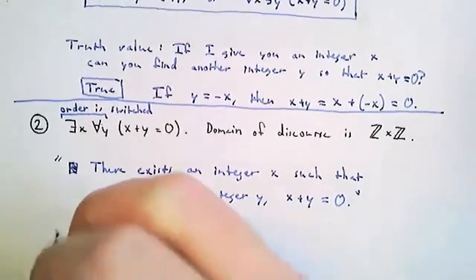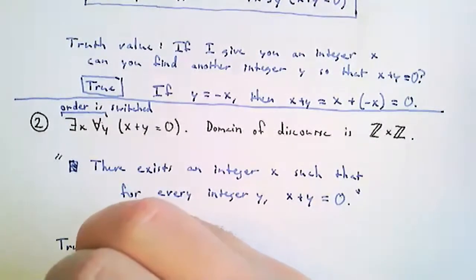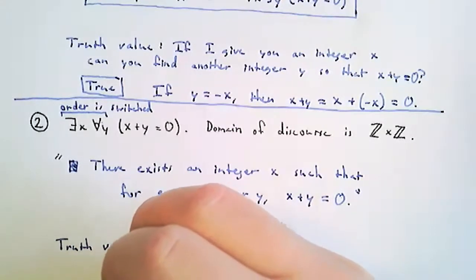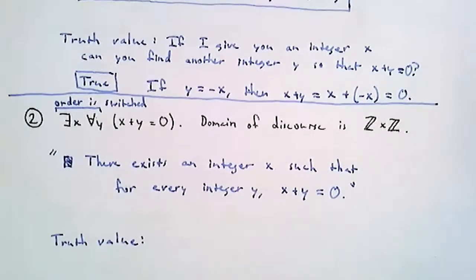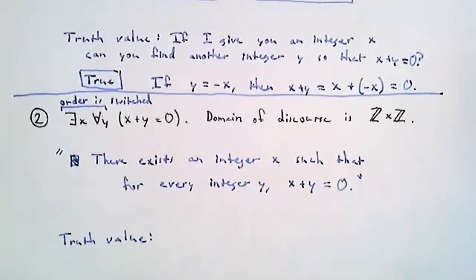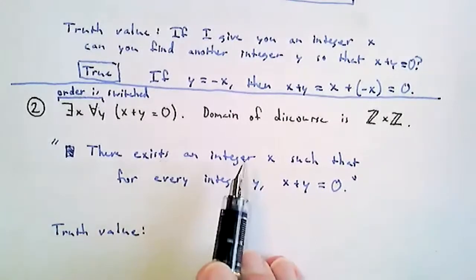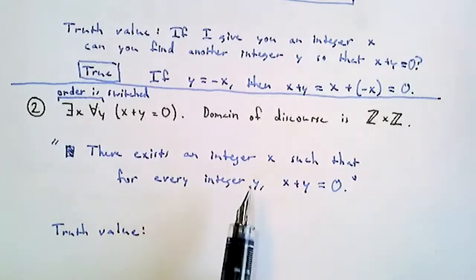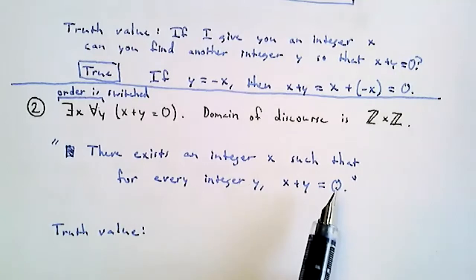Let's think about the truth value. So we have one vote for true, I guess that's 2 votes for true. Can you think of some integer x so that for every other integer y, when you add them together, you get 0?